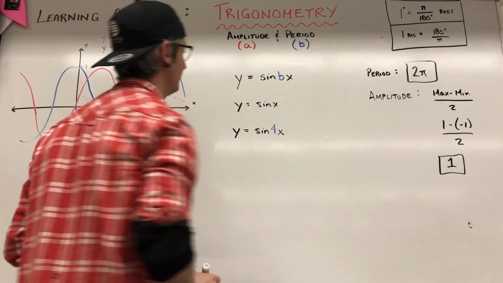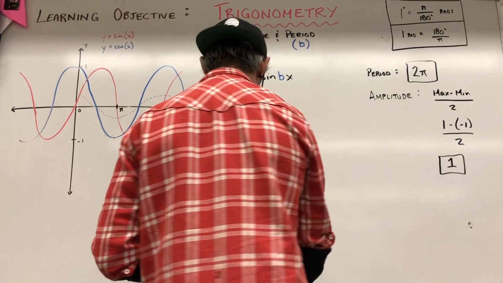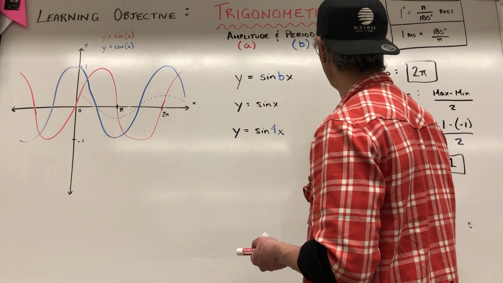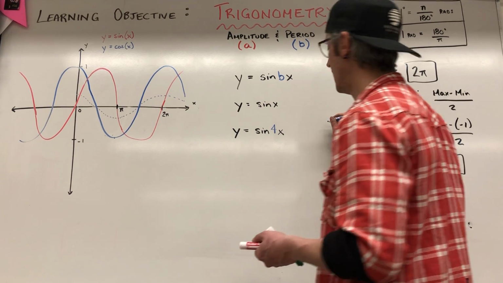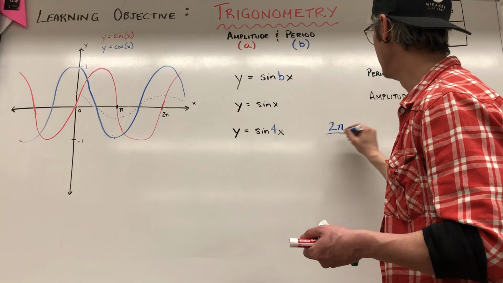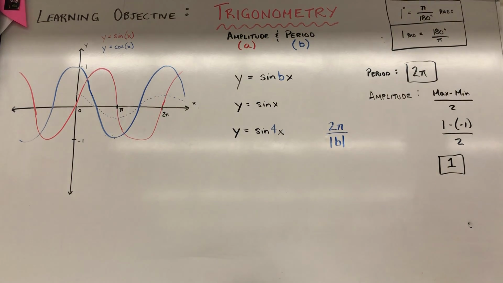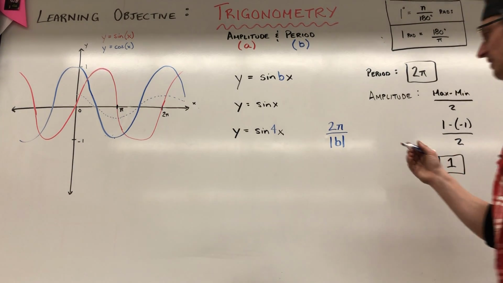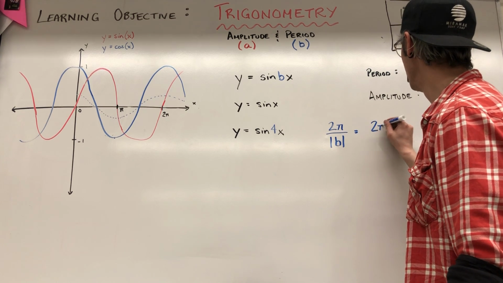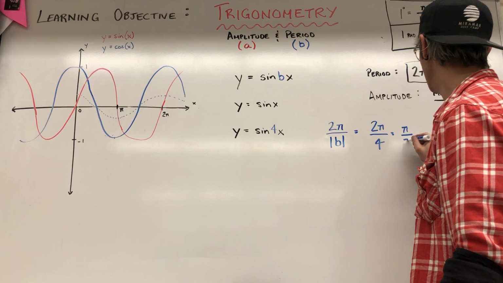To figure out my period, my period is equal to a full rotation or a full period, which is 2 pi, divided by the absolute value of b. And that's going to give me my new period. So in this case, if I had sine of 4x, it'd be 2 pi divided by 4, or my new period is pi over 2.